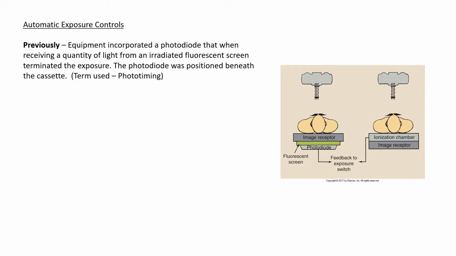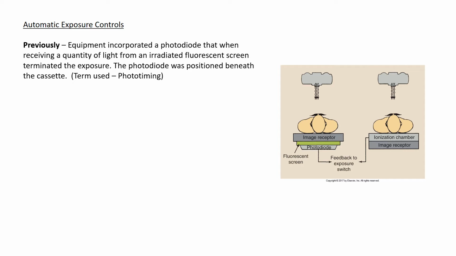So previously, the equipment incorporated a photodiode that when it received a quantity of light from an irradiated fluorescent screen, terminated the exposure. So I want you to look at that drawing for a moment. That's the one on the left. This is photo timing. The X-rays go through the patient. They actually go through the image receptor, and they strike a fluorescent screen.